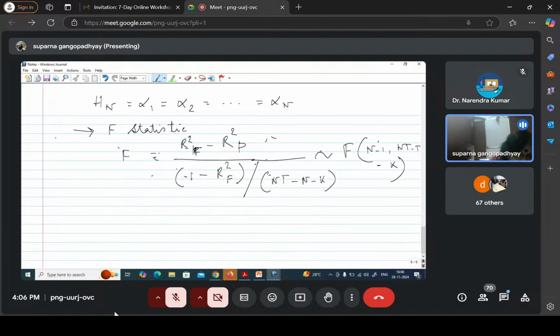So if your computed F is greater than the tabulated value based on the degrees of freedom, then the null hypothesis will be rejected. Clear? If the null hypothesis is rejected, what will you say? You will say that fixed effect is preferred. So take the pooled regression and the fixed effect model, compute the F. If your F is greater, then fixed effect is preferred.